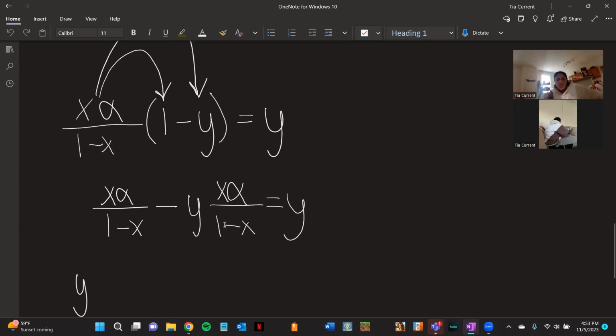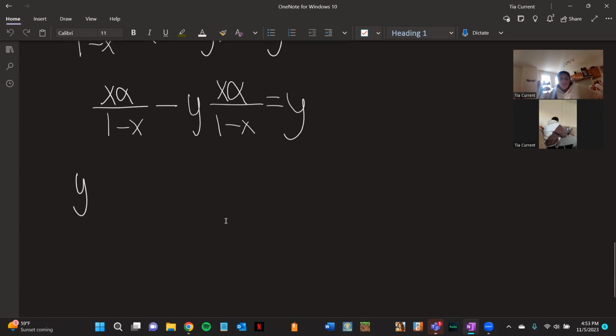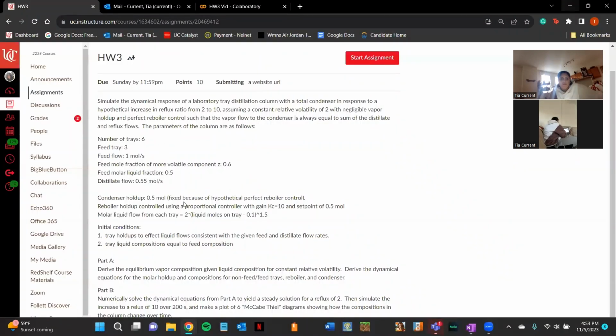And this is going to be, once it catches up, your equilibrium vapor composition given the liquid composition for constant relative volatility, where your liquid composition is your x part, right? And your vapor is your y. And your relative volatility is your alpha, which is going to be 2 later.